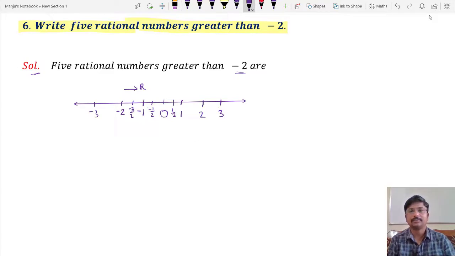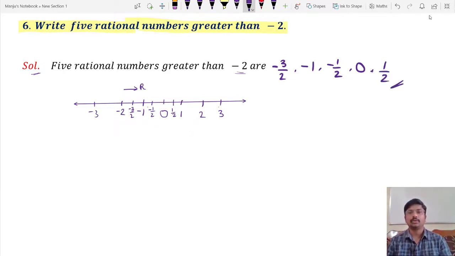For that reason, 5 rational numbers greater than minus 2 are minus 3 by 2, minus 1, minus 1 by 2, 0, 1 by 2.